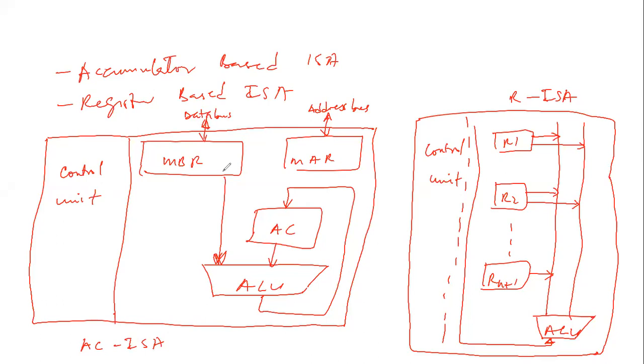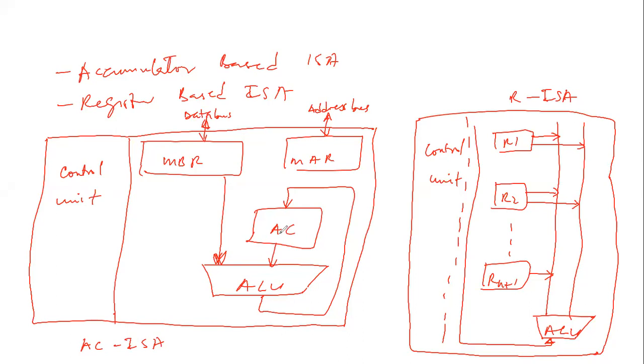The CPU contains temporary storage elements called registers, right? Now, in the accumulator-based instruction set architecture, the user has control over only one storage register, which is the accumulator in the CPU.